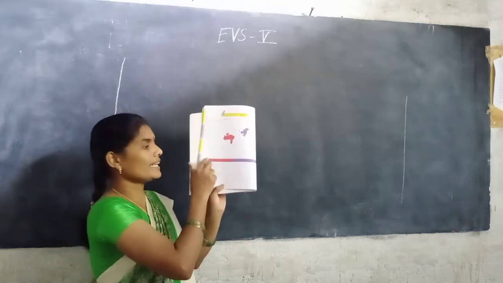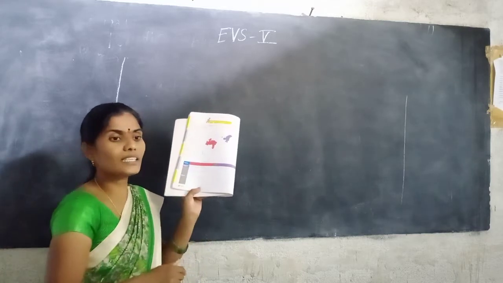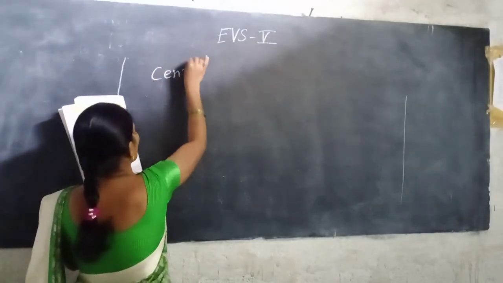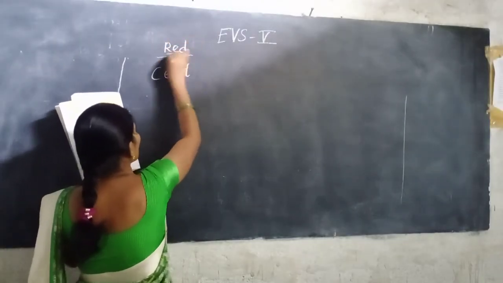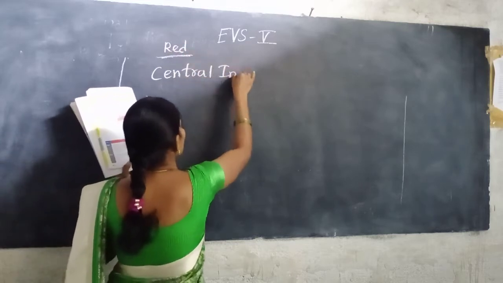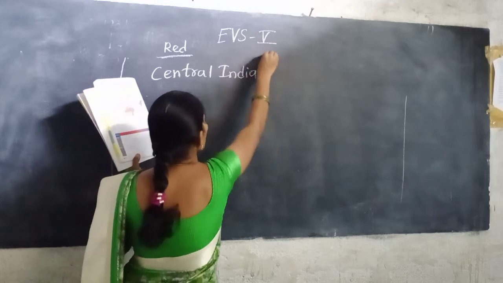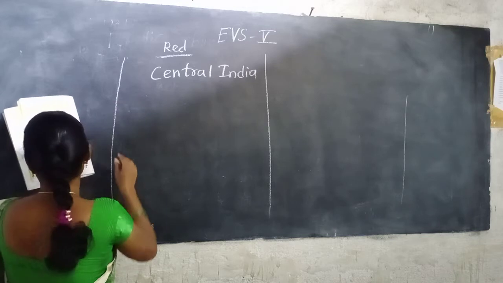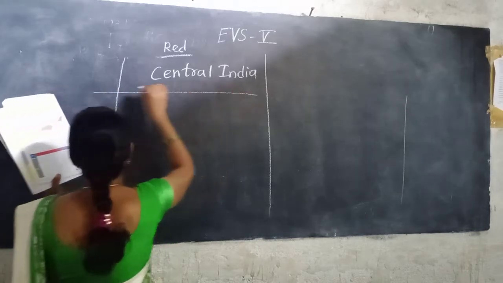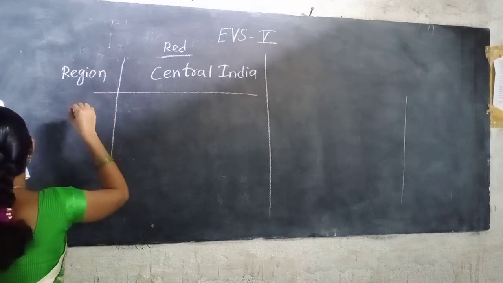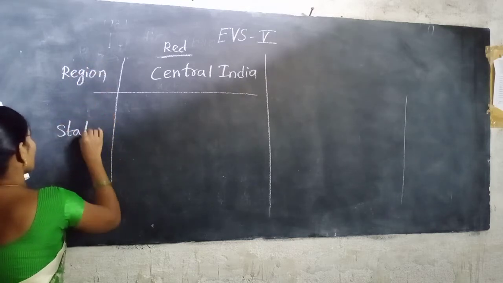Here, what is the region in red color? In the red color, Central India is shaded. What are the states located there?